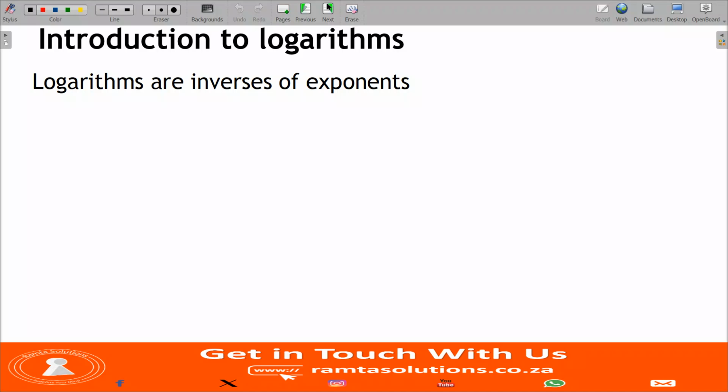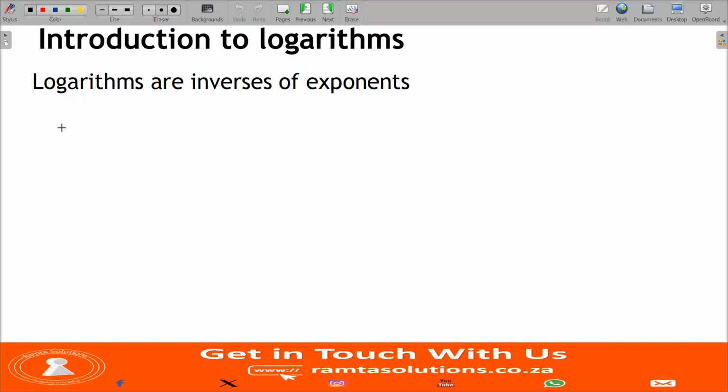So now, something that you need to know is that logarithms are inverses of your exponents. Okay, now to not waste time, I want to show you something. You have these functions in your calculator.